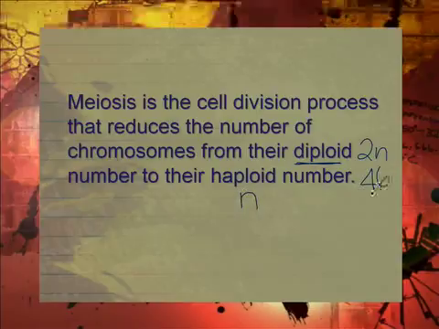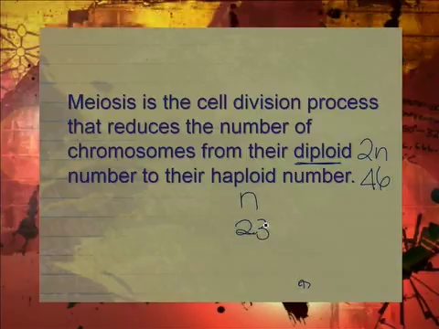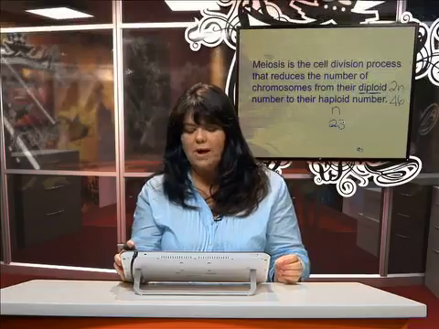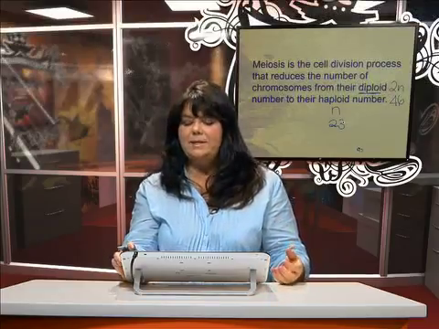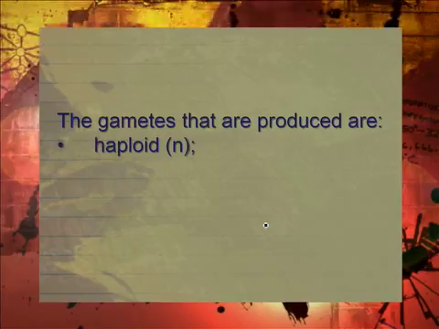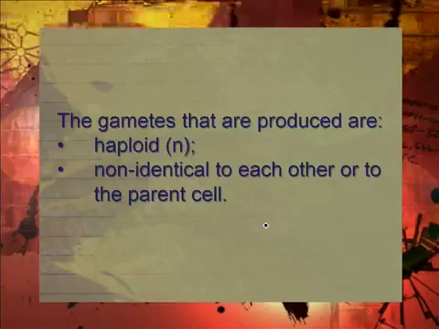In humans, we're looking at 46 and we're looking at 23. Why? I keep asking you why. It's important that you understand that it doesn't just happen, but there is a reason for it. We know that the gametes that are produced are haploid, and very importantly, they are non-identical to each other, and they are non-identical to the parent cell that produced them.